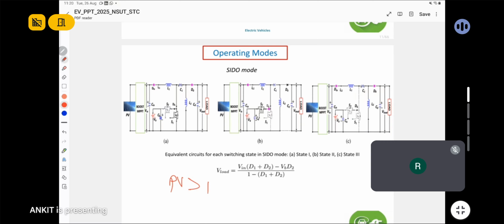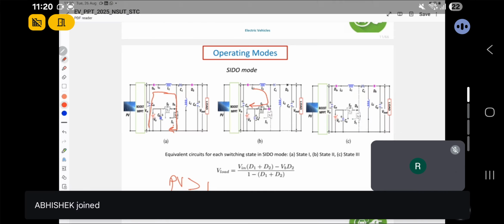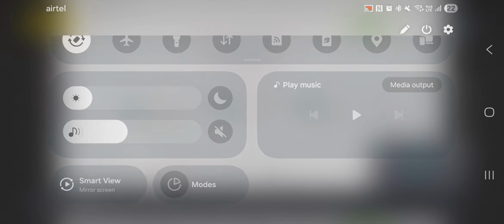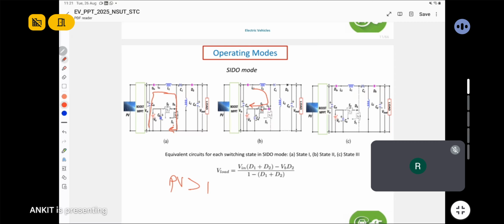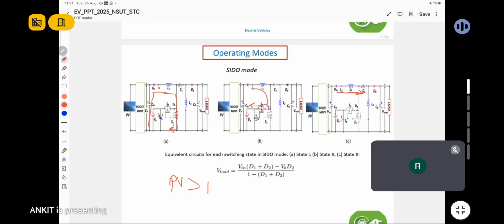So here we can see, first switch S1 will turn on, and inductor L1 will store the energy, and when switch S1 is off, the stored energy will be used to supply power to the battery. When switch S2 is off, then the stored energy of inductor L1 will be transferred to the output.